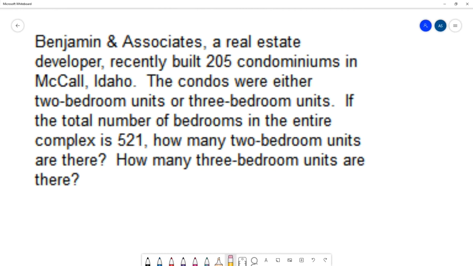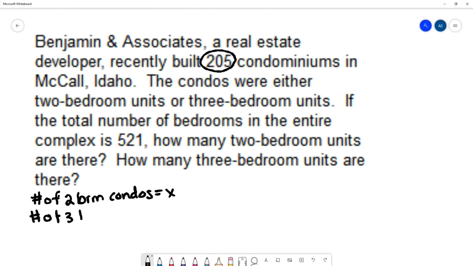So we have that a total of 205 condominiums were built. So we can say that the number of 2-bedroom condos is X, and the number of 3-bedroom condos is Y, and we built a total of 205 condominiums, so X plus Y is 205.